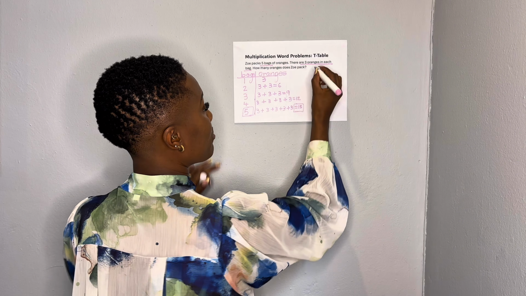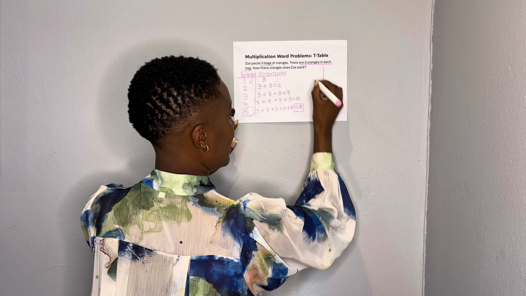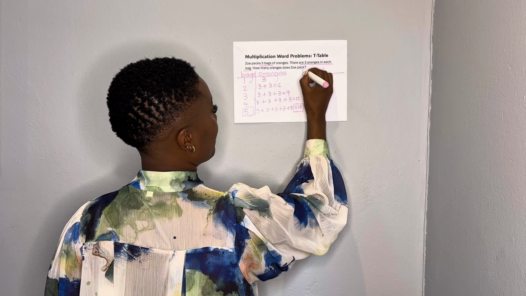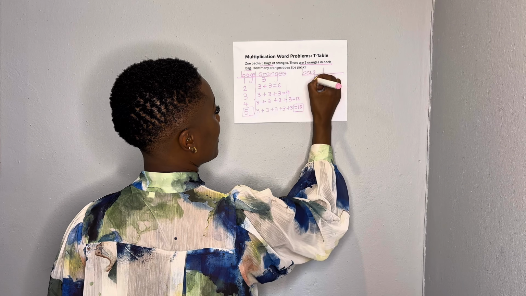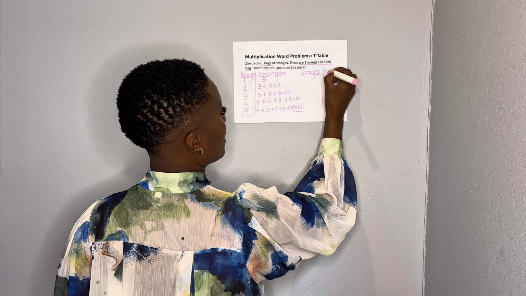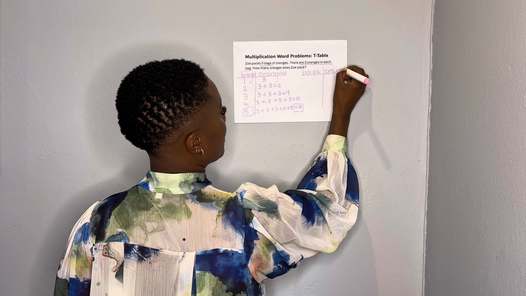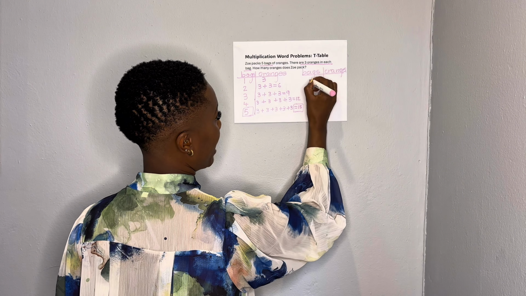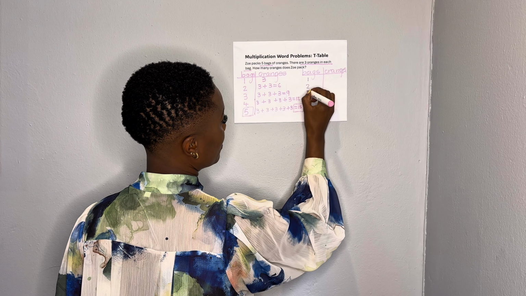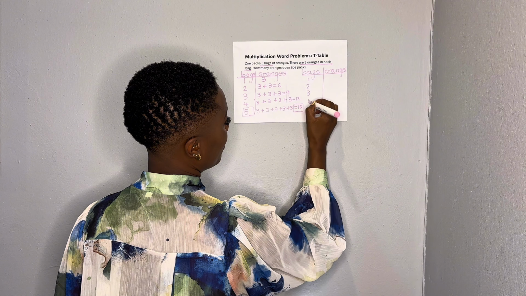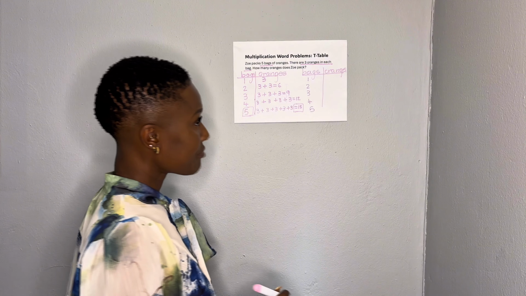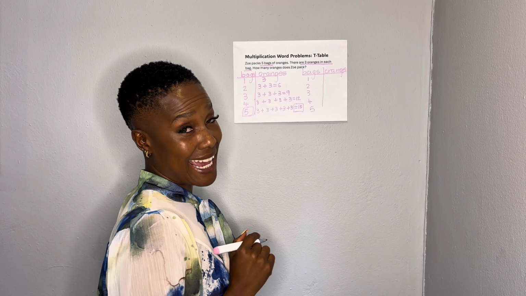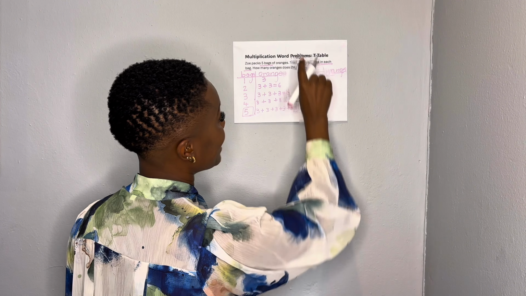However, let's now do another T table using multiplication. It's bags, oranges. We know that we have 5 bags. 1, 2, 3, 4, 5. Now, in each bag, there are how many oranges? 3.